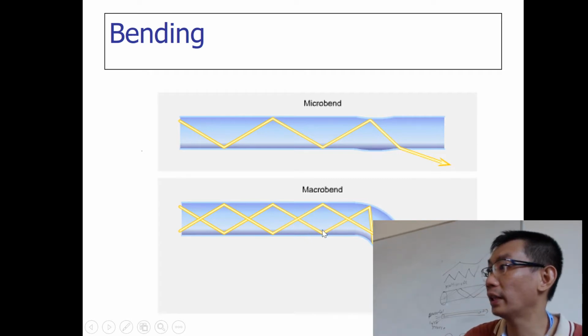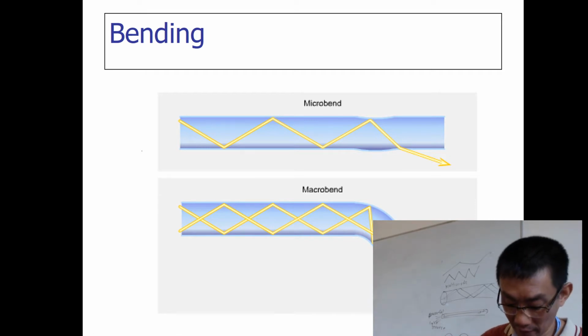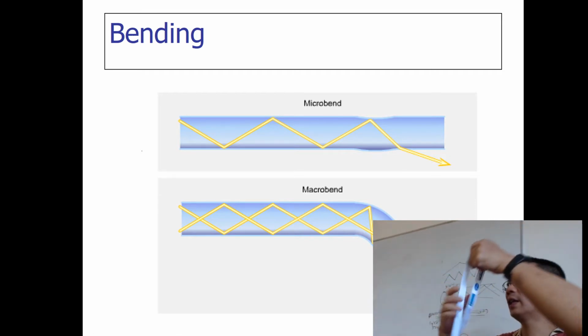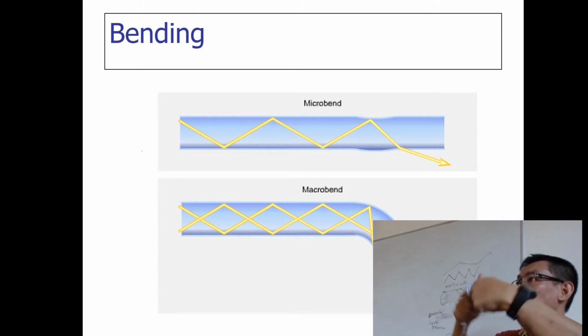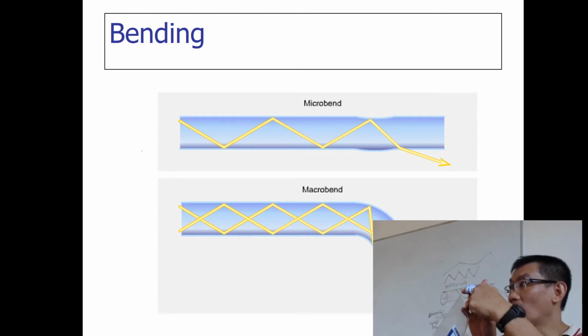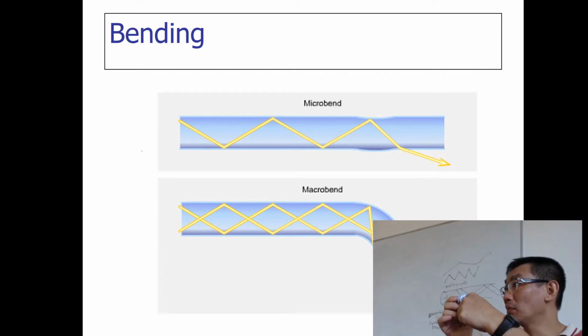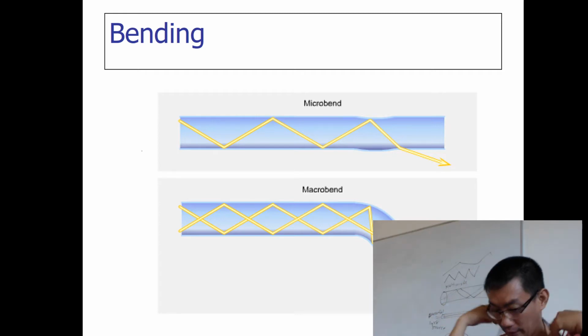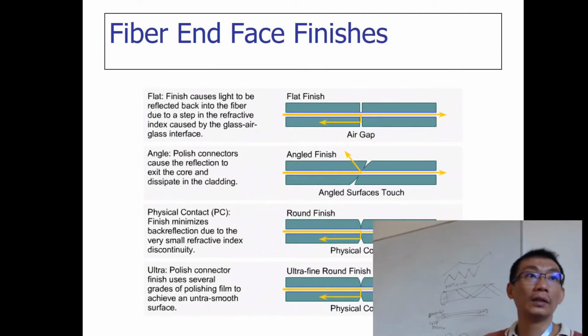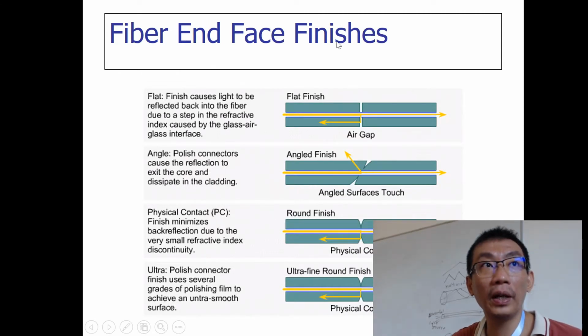Macro bend is when you take a fiber like this, then you do like this, 1 cm radius. Alright, so fiber end finish.